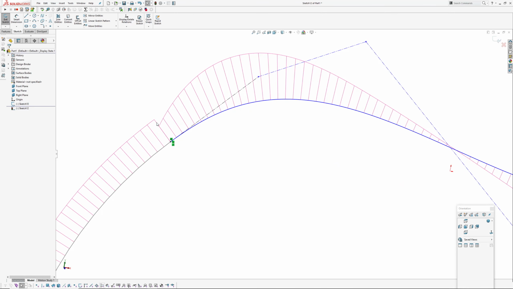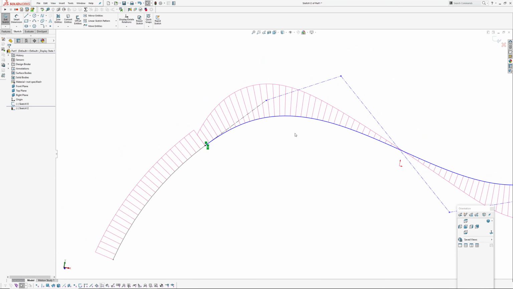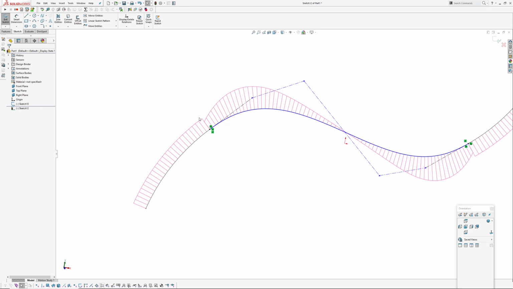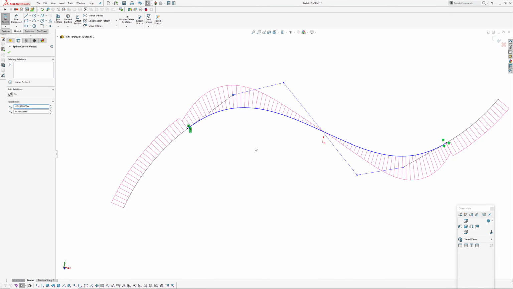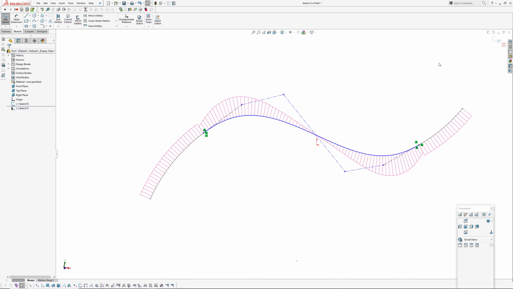Oh, look at that. Isn't that interesting? According to that curvature graph, that's just a tangent connection at that end. I wonder what's going on there. Probably because I've got different curvature scales on in each sketch.